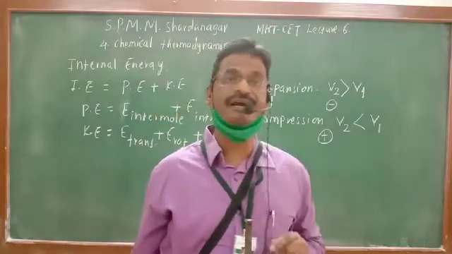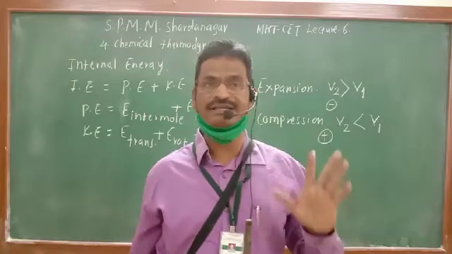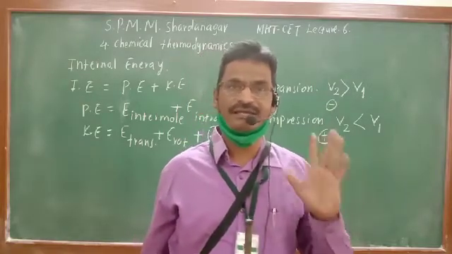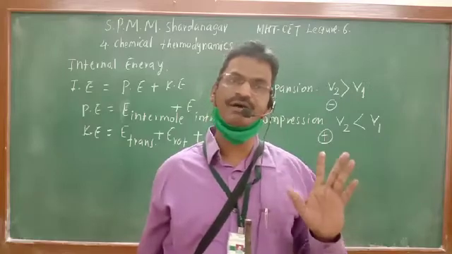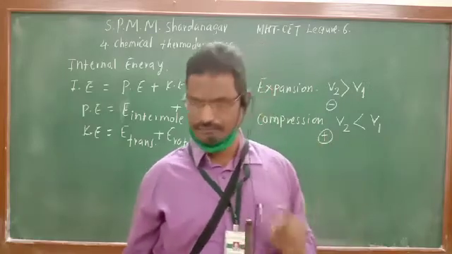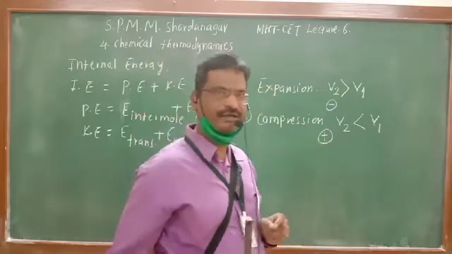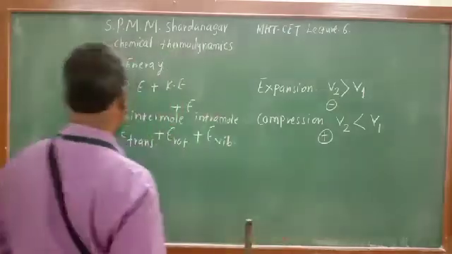Those are the sign conventions for change in internal energy, work done, and heat, which we have already studied. Now let us see what is the first law of thermodynamics.